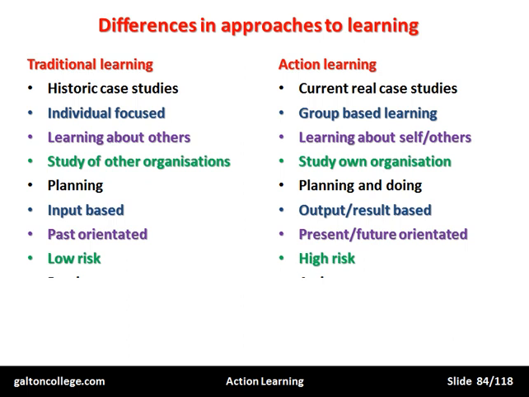There is a situation, and in trying to solve the situation, the learners may make it worse before they start to make it better. So there is a risk involved in action learning. It's doing something. It's trying to fix a real situation. But in so doing, they may exacerbate the problem, at least initially make it worse, and perhaps fix it subsequently.